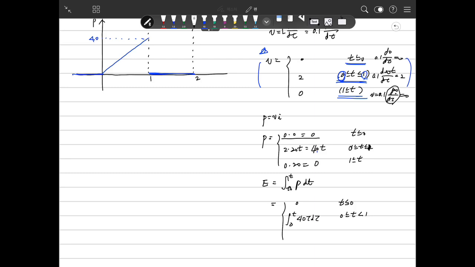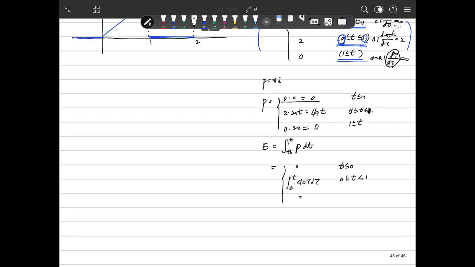From 0 to 1, the energy is the integral from 0 to t of power, 40 tau d tau. So that will be 20 tau squared from 0 to t, so that is 20t squared. And after that, when t is from 1, because the power is 0, there is no variation of the energy.